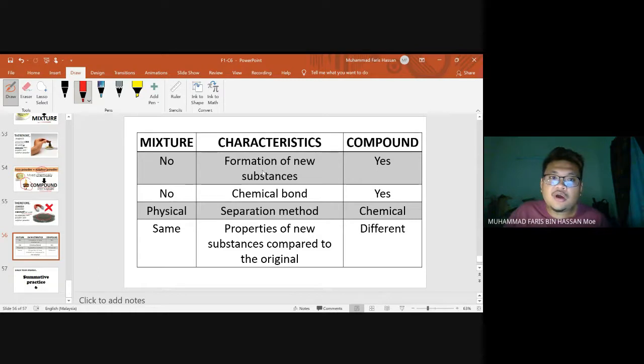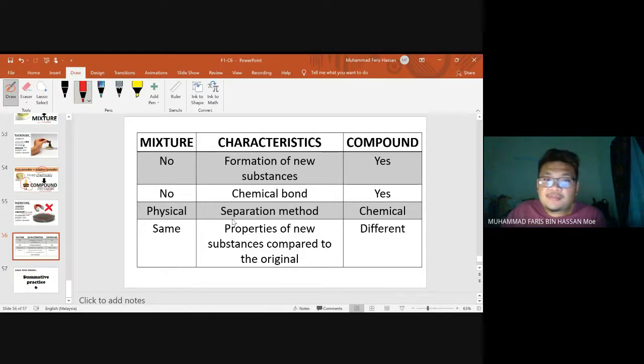For chemical bond, there is no chemical bond for a mixture, but a chemical bond exists in a compound because they will form a new substance. So actually the heat is used to break the bond between the elements, and then it will form a new bond to form a new compound.